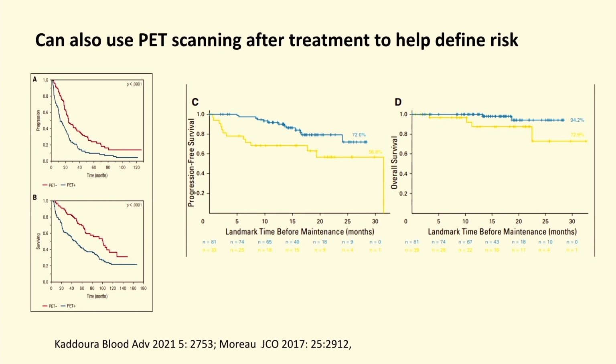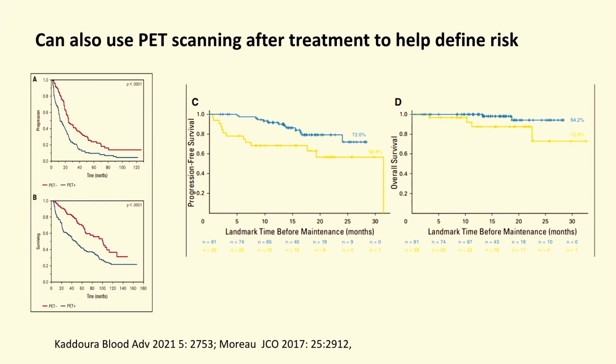Okay, finally, I just want to touch on scanning in terms of ways to also determine risk, but also treatment cessation. On the left here is a study from Mayo. And this is a much larger randomized trial from France. What they did here is they had patients go through treatment, and in this case, a transplant. And then they said, okay, we're going to do a PET scan. How many people here have had a PET scan?